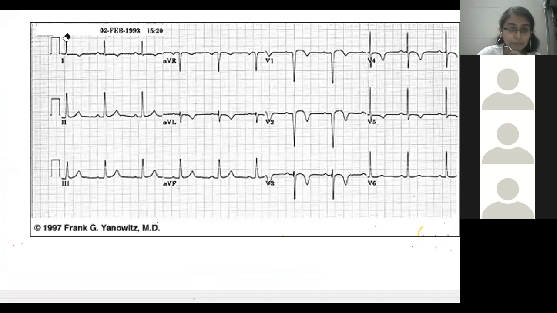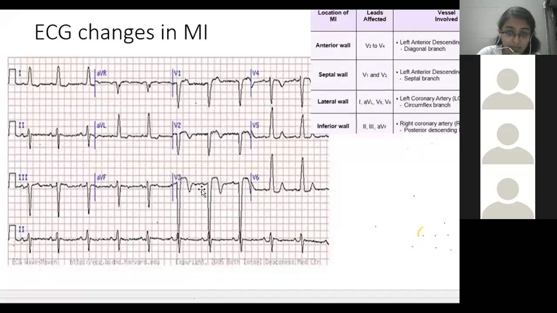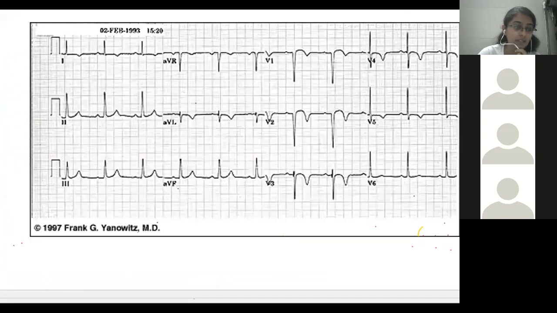See the HR, see the axis deviation, see where the T wave involvement is, see the QRS complexes. One thing I forgot to tell you, in MI there will always be deepening of the Q wave. You can see the R wave is very small, but the Q wave is very big and deep. This deepening of the Q wave in MI is a major factor.